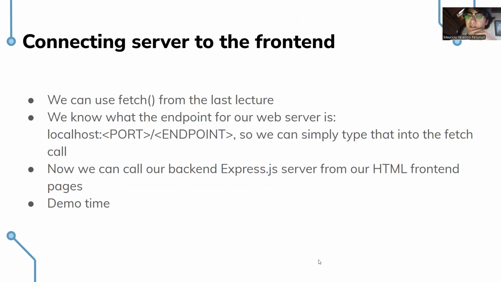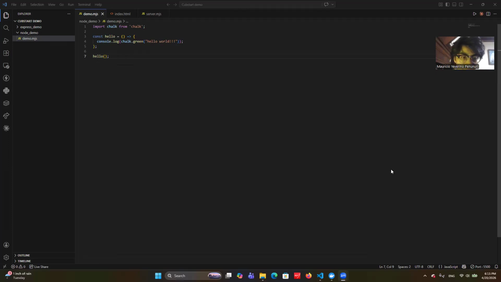Yeah, it's demo time. This is going to have both a demo for Node and a demo for Express. Whenever you get into your IDE to build some code, we're going to have a demo.mjs file.